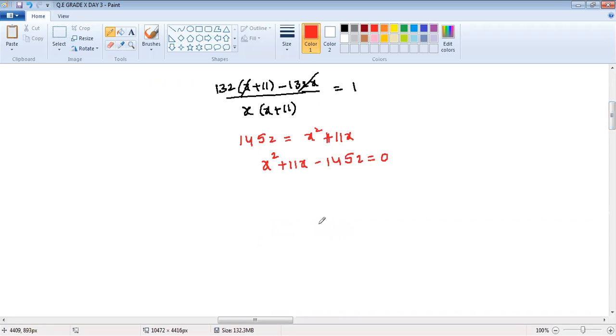So if you do the factorization, what could be the factors? Most probably it is 132 into 11 here. So we are going to take it as 44x minus 33x minus 1452. Now in both of these, what is common? x, right?